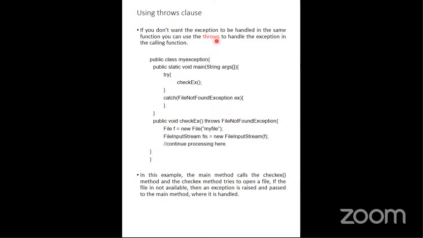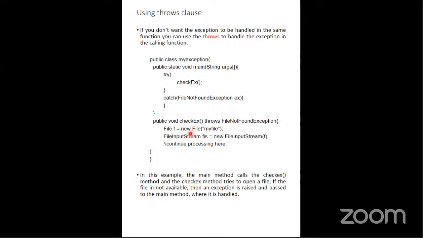So what is the purpose of the throws keyword? When a particular method is capable of generating an error, that is an exception, but is not handling that exception, then we have to specify that the method throws the exception. Now try to see here. This is some method which is opening a file and trying to read from the file, but there is no try block.